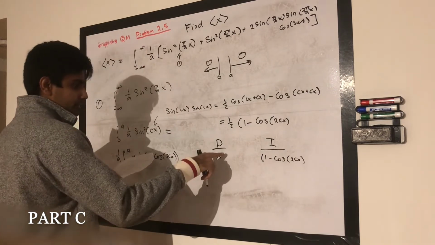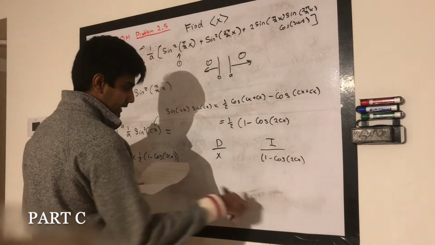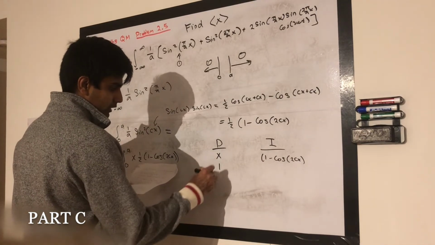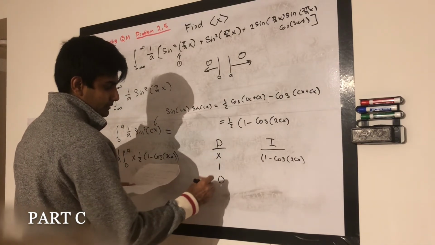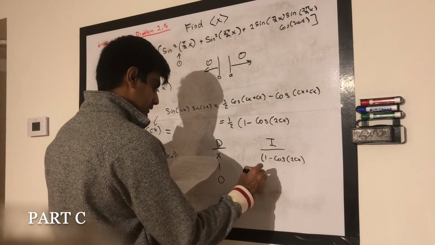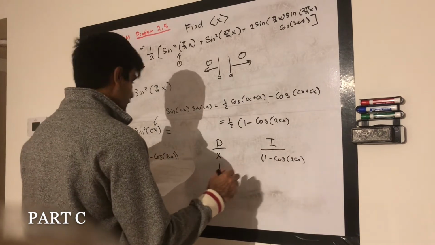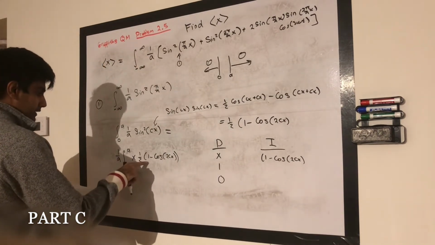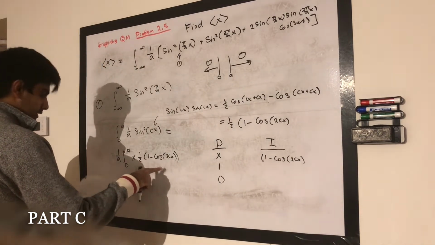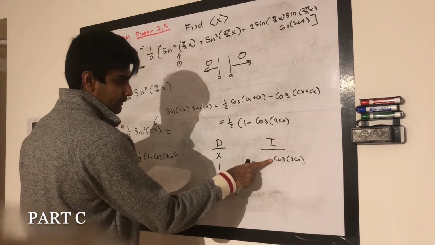And what you're going to do is you're going to differentiate x and you're going to integrate 1 minus cos x. So this is going to be 1 and derivative of 1 is going to be 0. The integral of 1 minus cos x is going to be... Well, actually, no, let's break this down. Let's break this down into the two separate integrals. So we can take this to be just cos x then.